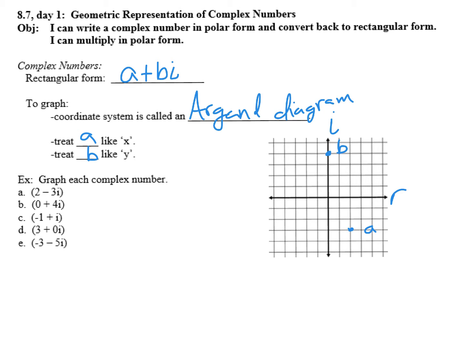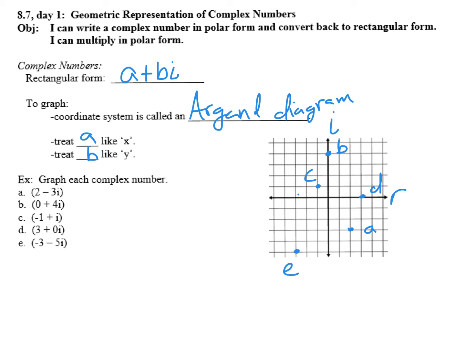There's B. Negative 1, 1 would go there. Let's see, 3, 0i would be right here. And the last one, 3 to the left and 5 down is where you would find that.